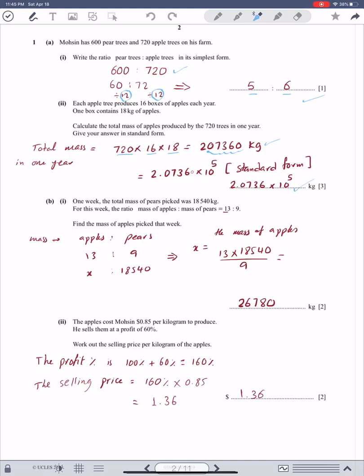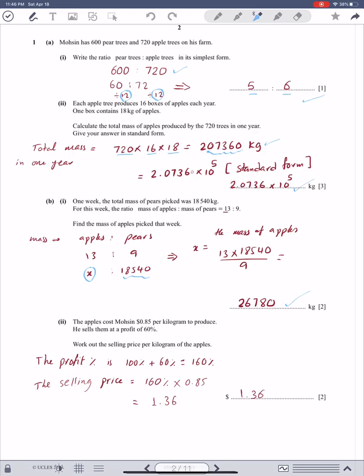Straightforward even in this part. So apples to pears is 13 to 9. He wants the mass of apples, where the mass of pears is 18,540. By cross multiplying, you get the mass of apples.